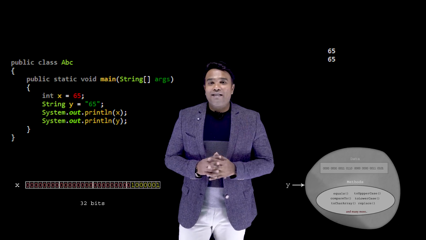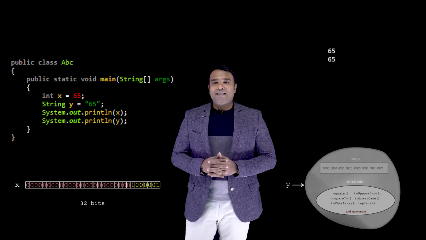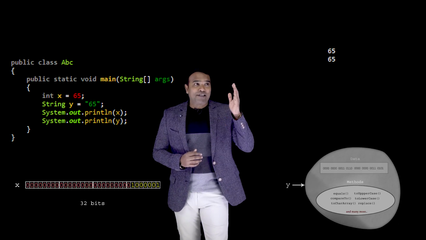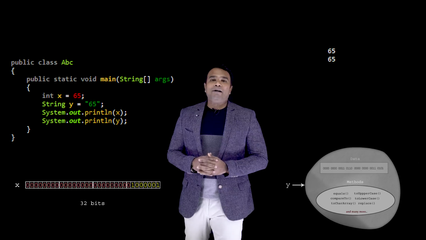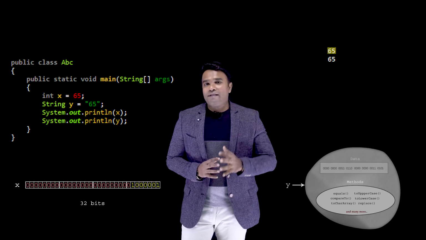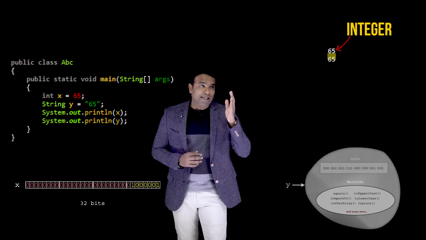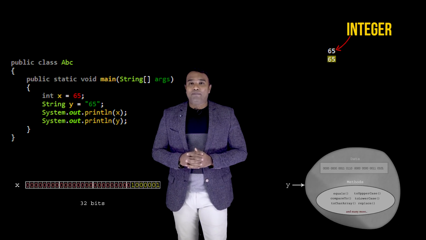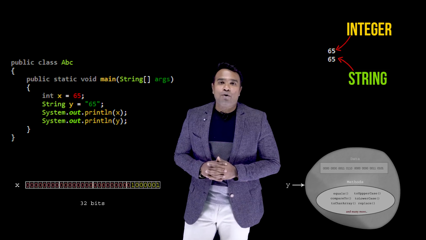Well, by looking at the output, an unseasoned programmer might assume that internally the first 65 and the second 65 are the same, but you certainly have understood that the first 65 is integer 65, which is internally stored like this, whereas the second 65, though it appears the same, happens to be a string 65, and internally this is the way it is stored.